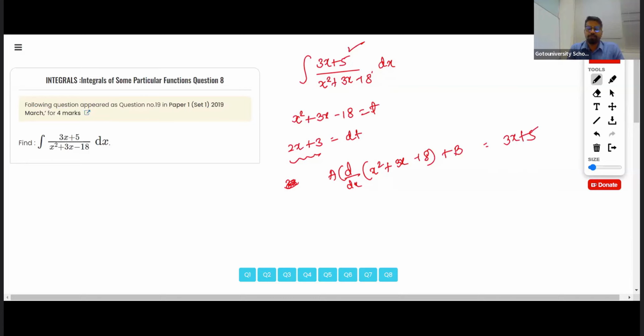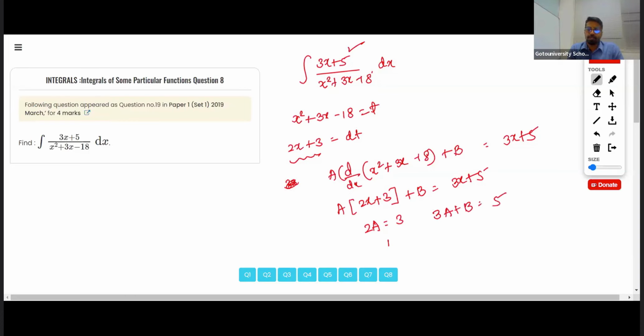When you differentiate, we get a times 2x plus 3 plus b is equal to 3x plus 5. Now we need to find a and b by comparing the coefficients. We get 2a is equal to 3 and 3a plus b is equal to 5.